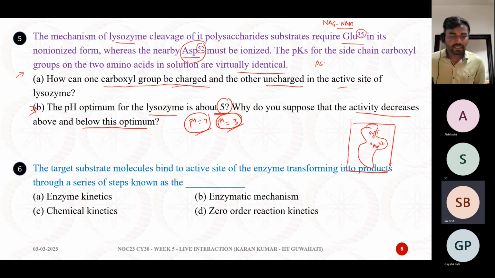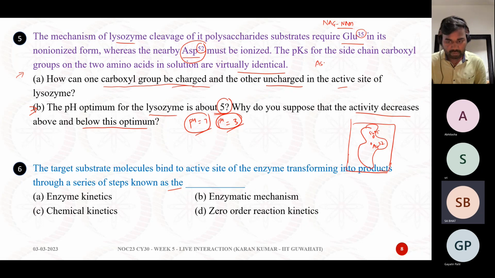Okay, the next question is: the target substrate molecule binds to the active site of the enzyme, transforming into product through a series of steps. These are known as which kind of process? Enzyme kinetics, enzymatic mechanism, chemical kinetics, or zero order kinetics?